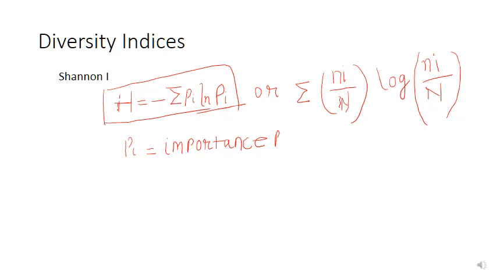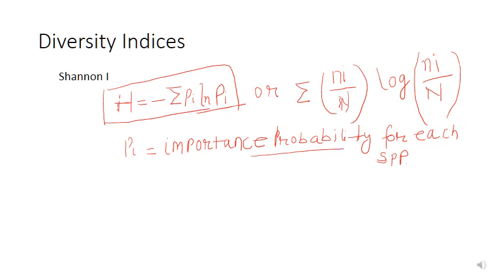What is this probability and how will we calculate it?